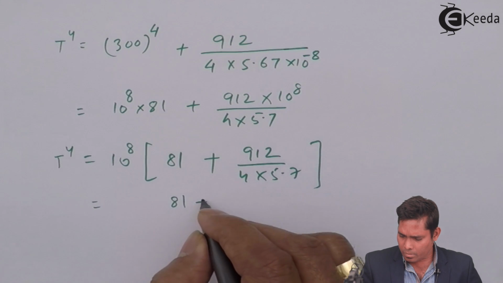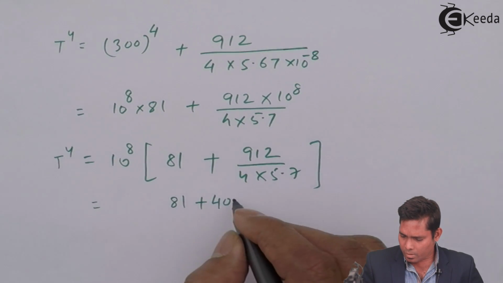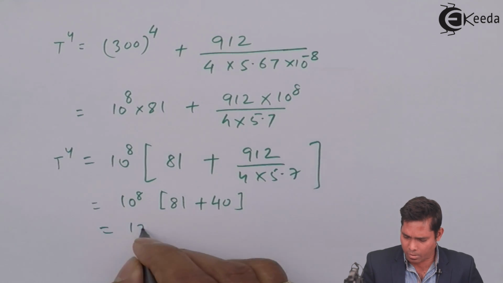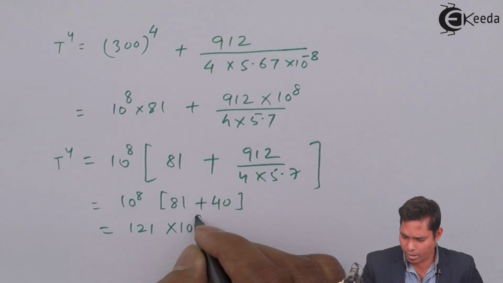So 81 plus 40 is 121, into 10 raised to 8.